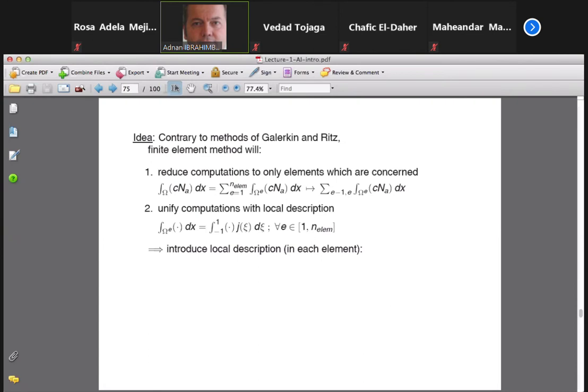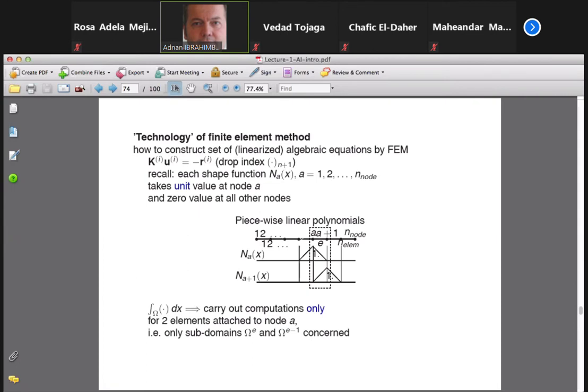In other words, you first split the total domain omega into a number of these elements. Omega E is the typical domain of a particular element. It goes normally from x, let's say a, to x a plus 1, if it's a particular element E. So at every element E, you're changing these values of x, simply because elements are not positioned in the same manner.